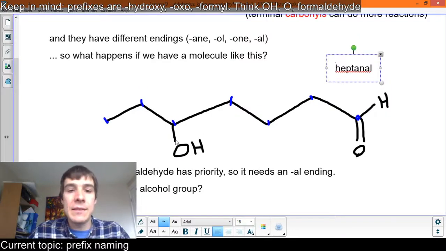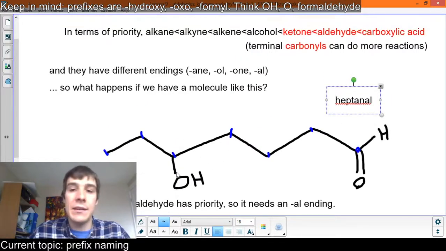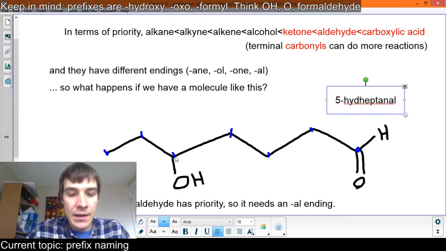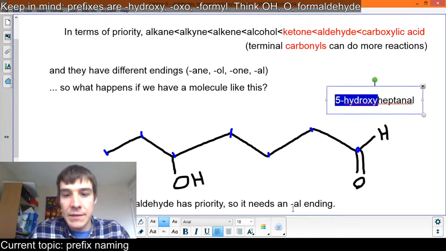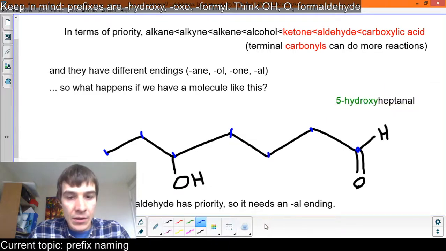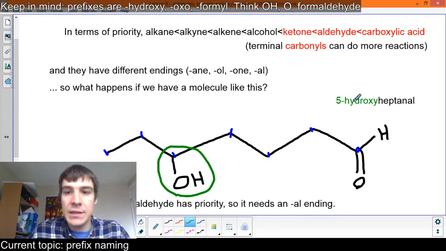If we name the alcohol as a substituent, we call it hydroxy. So this is 5-hydroxy heptanal. So that 5-hydroxy refers to the OH group over here on 5. That's 5-hydroxy. And then we have other ones.